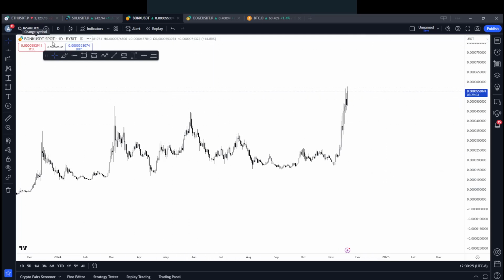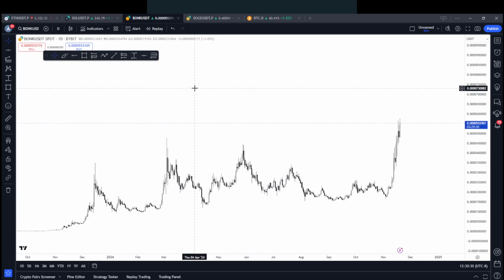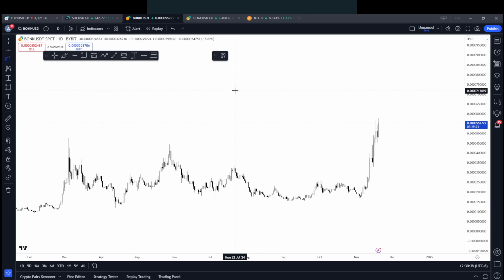All right, let's talk about Bonk really quickly because I think it's important. It hasn't even been listed on Coinbase, and eventually when it does, it's going to pull a dog with a hat effect. You can draw trend-based fibs. I haven't really changed my fib settings on this.